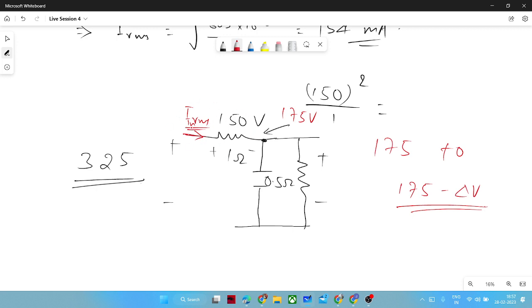And whatever the phase difference between your V in and I RMS, that phase difference will be the same up to this point, because a resistance is not going to change the phase difference. You only have to consider I RMS into R, and that will be subtracted directly from your peak voltage, for an instantaneous point I am telling.